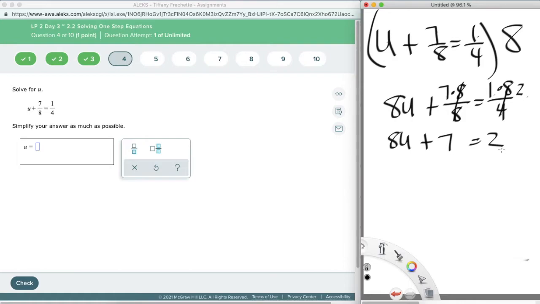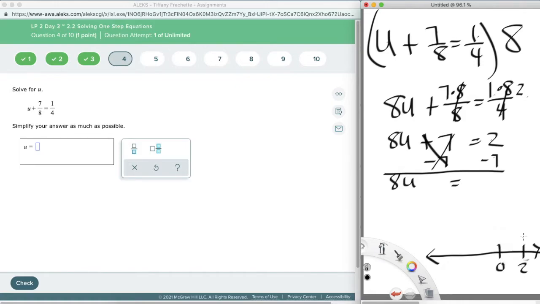And now I can go through and start doing my PEMDAS steps. Well, not really PEMDAS, it's solving steps, so it's kind of backwards on PEMDAS if you've learned it that way. So we're going to do addition, subtraction first. I'm going to subtract 7 from both sides. The 7's cancel. 2 minus 7, so remember if we look at a number line here, I have 0, I have 2 here, and I'm subtracting 7 from it.